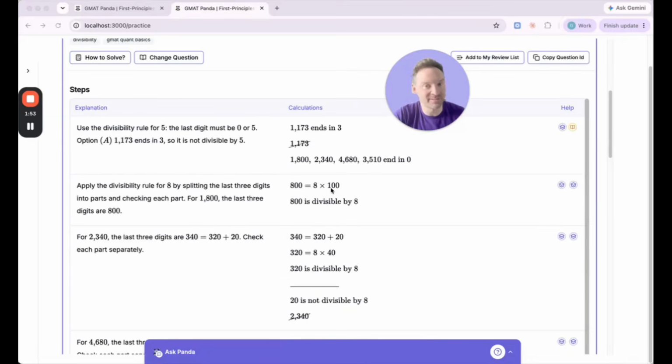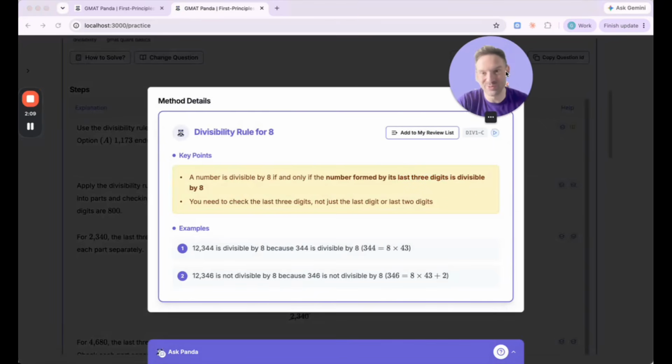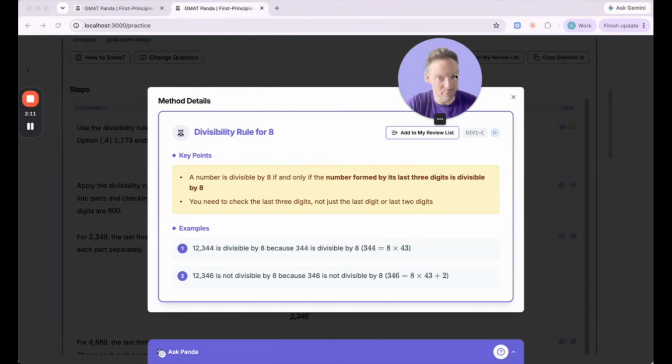Okay, after that, we're going to use the divisibility rule for 8. And for that, remember what the rule is. We want to check the last 3 digits and check that those 3 digits together make a number that is divisible by 8. So don't get confused with the other rules where, for example, for 4, it's the last 2 digits, right?